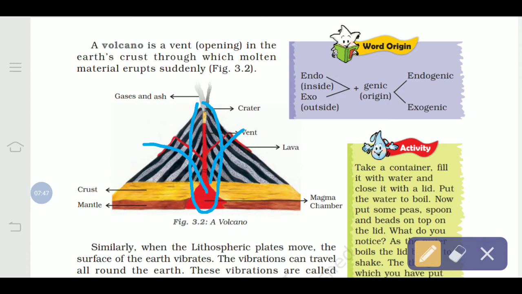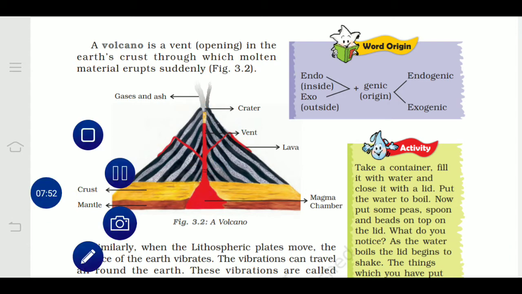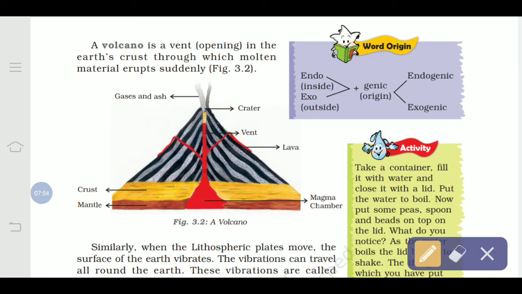So generally what is erupting, we have seen, from the volcanic mountain, the magma is coming out. When it is coming out, it is known as lava. The top portion of this mountain, the mouth of this volcanic mountain, is called the crater.